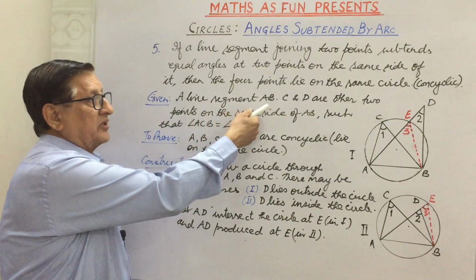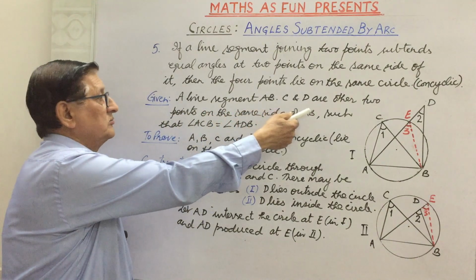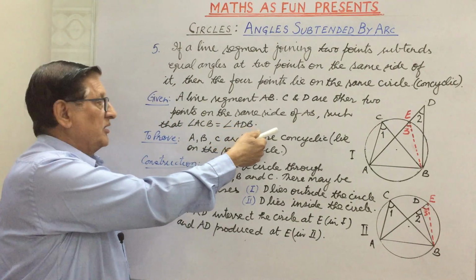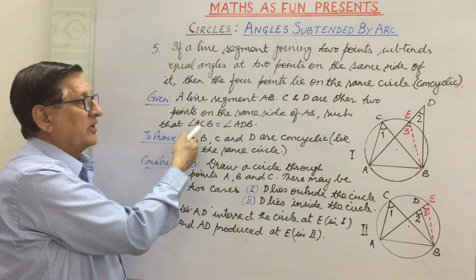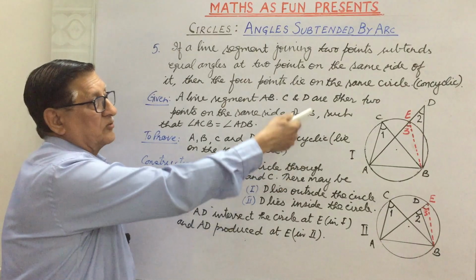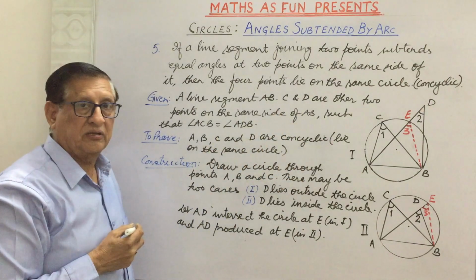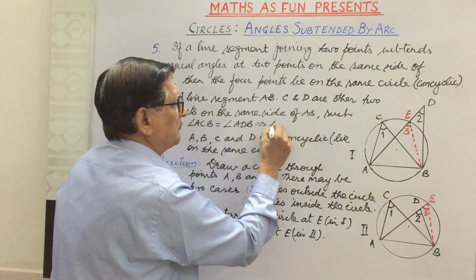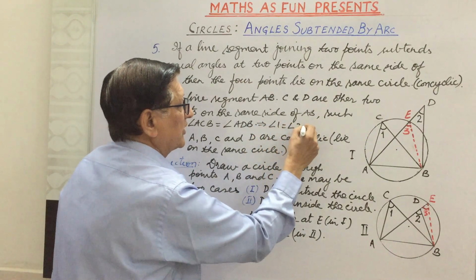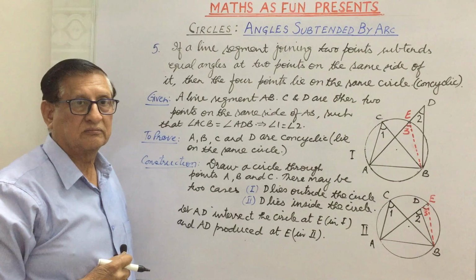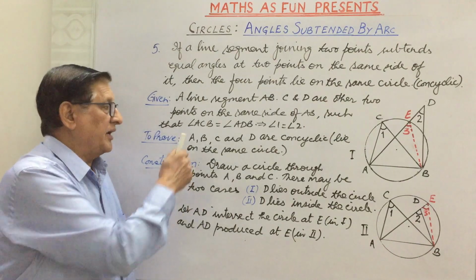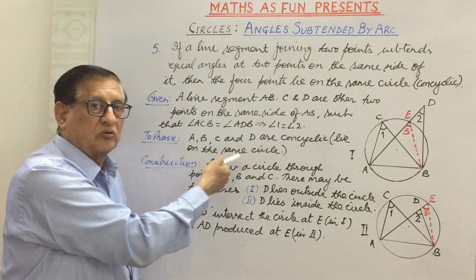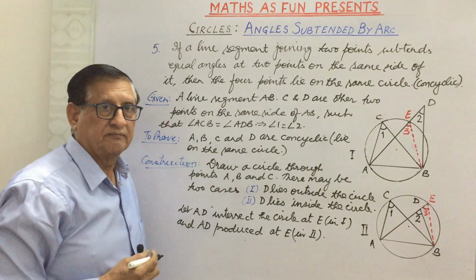A line segment AB, C and D are other 2 points on the same side of AB such that angle ACB is equal to angle ADB. If we name them as 1 and 2, we can say this implies that angle 1 is equal to angle 2. To prove A, B, C and D are concyclic points, or we say they lie on the same circle.